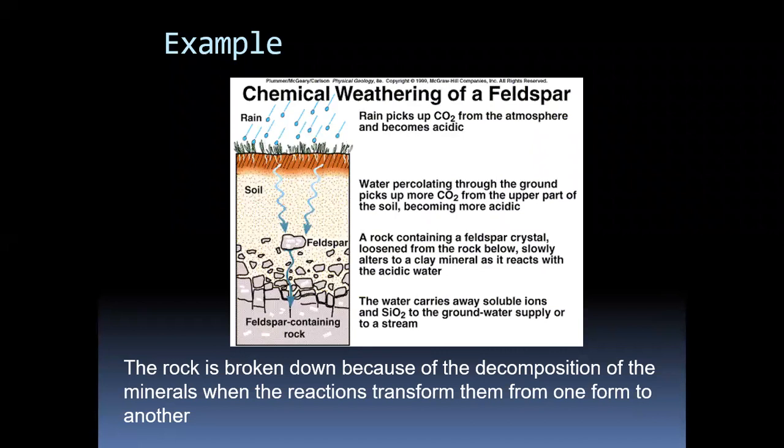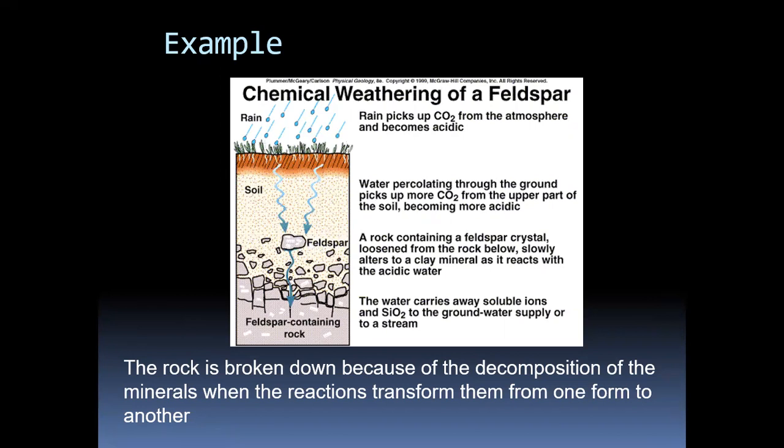I'll give you an example here. As you can see, this is a chart showing you what is happening. When you have water from the rain, it is exposed to air and interacts with carbon dioxide that is present in the atmosphere. This will form an acid. Now, when this water, which is now an acid, goes into some of the minerals like the feldspar, it reacts with it.